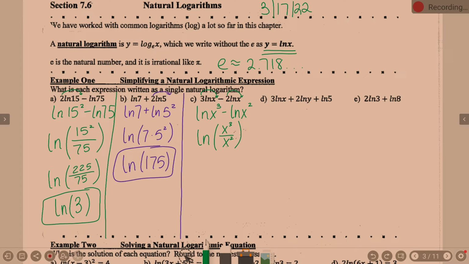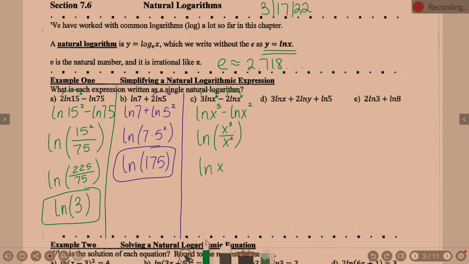Can I simplify that one further? Can x to the third over x to the second simplify? It's just x. They have the same base, right? So how do you divide when they have the same base? You keep the base the same and subtract the exponents. 3 minus 2 is going to be 1.